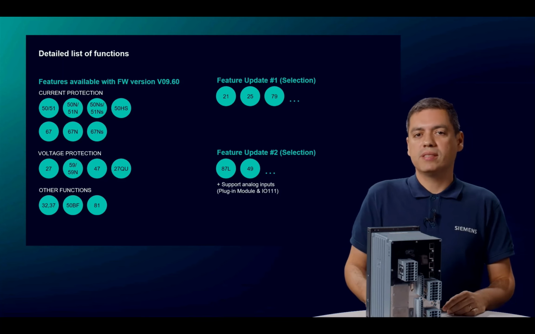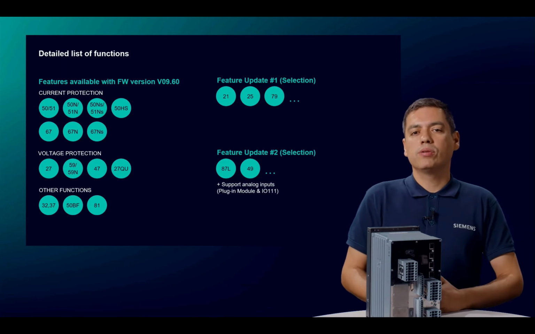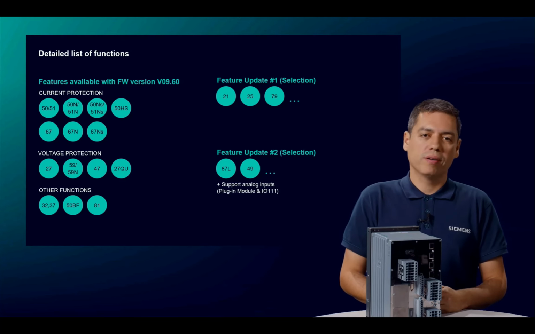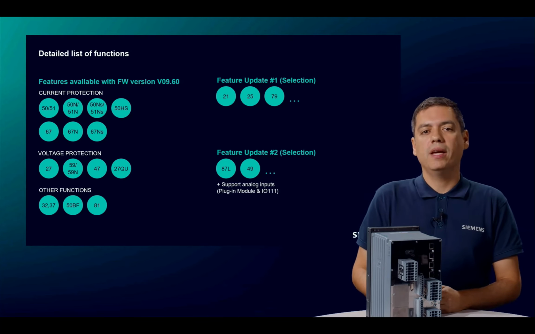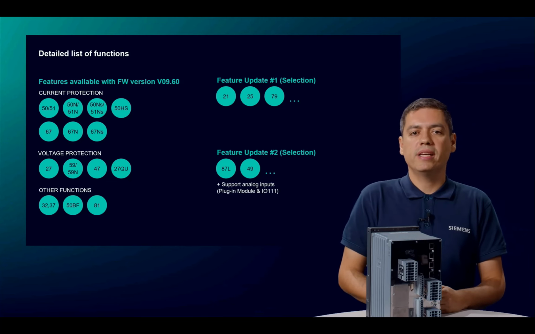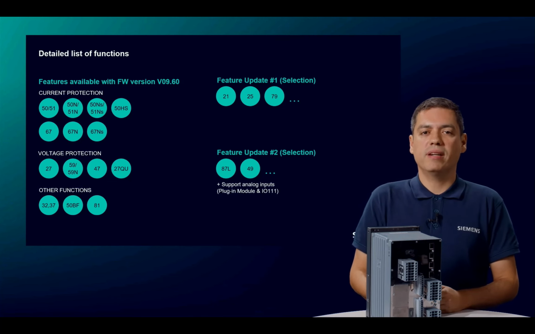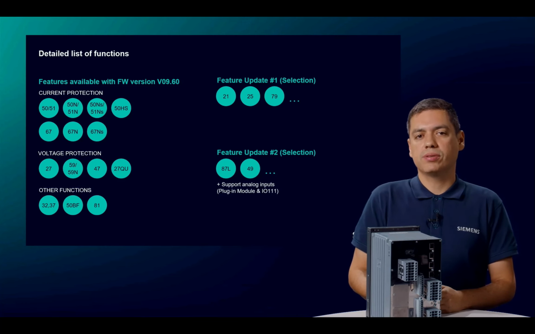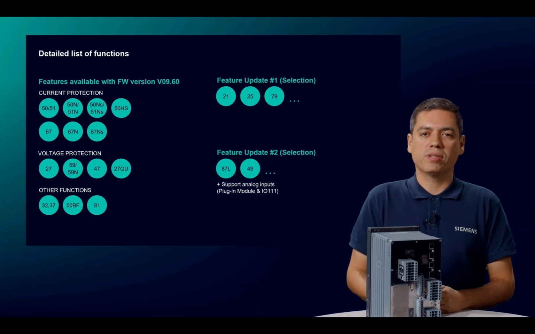From then on, the 7SY82 also supports the remaining plug-in modules for the acquisition of analog measured values or for arc protection. In addition, there will then also be a variant of the 7SY82 for detecting 12 thermal sensors, as available in the 7SK82, the motor protection relay.